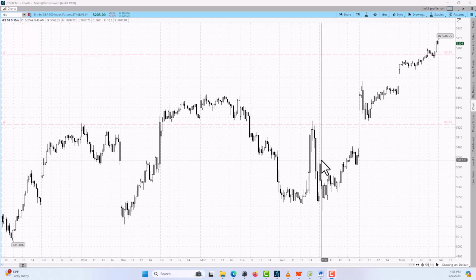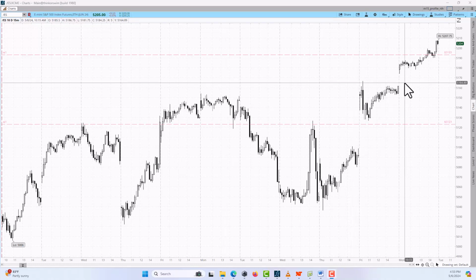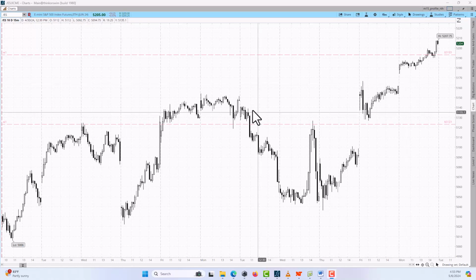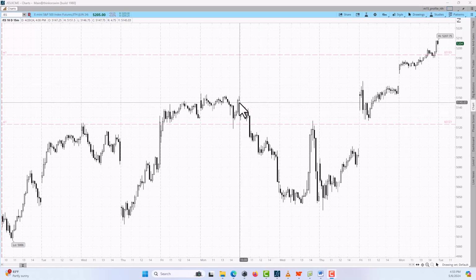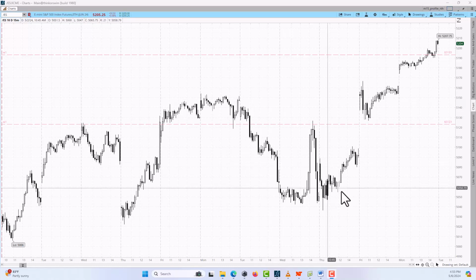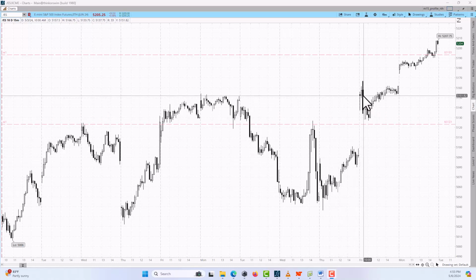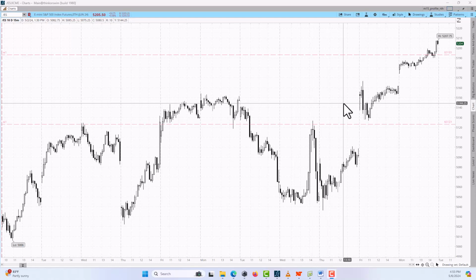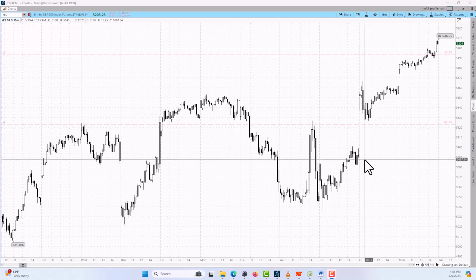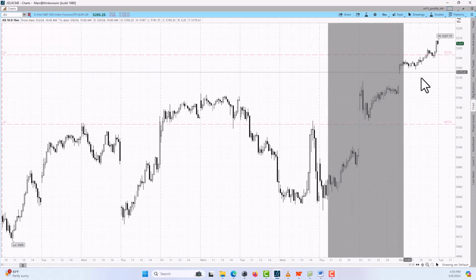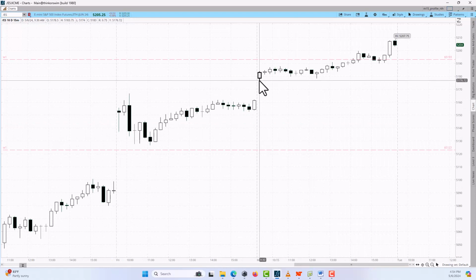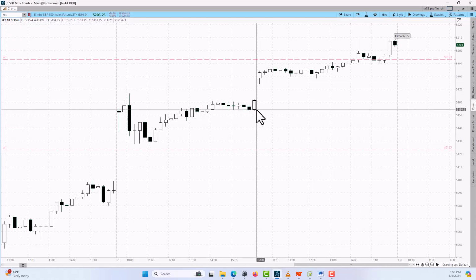So basically we see the gap up last Tuesday left until Friday. But today we see something interesting. The gap on Monday is left until.